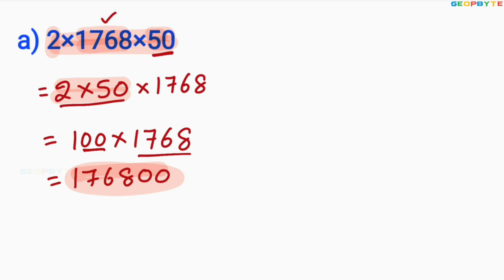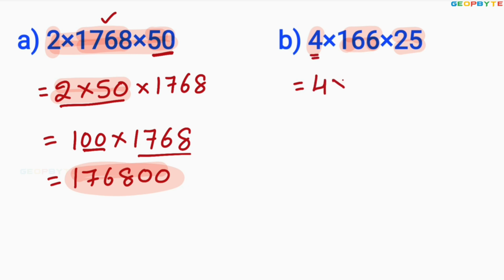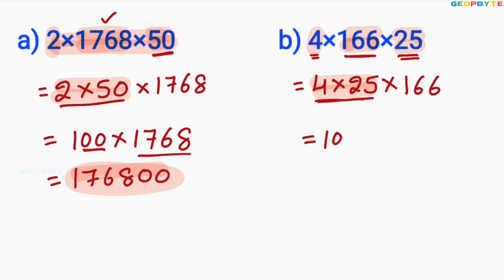Similarly, let us take the bit B. Look at the bit B. 4 into 166 into 25. Now I am going to rearrange like this. 4 multiplied by 25, because 4 into 25 is 100, rounded figure you are getting, into the remaining number is 166. 4 into 25 is 100. 100 multiplied by 166.